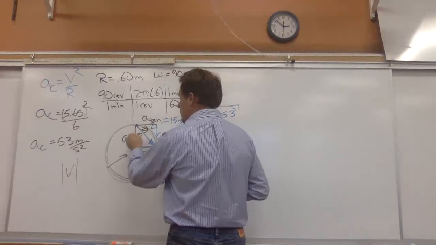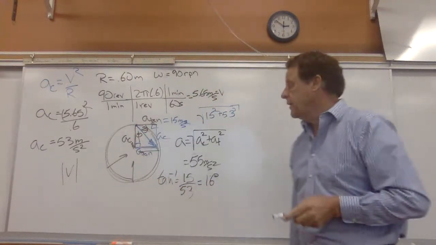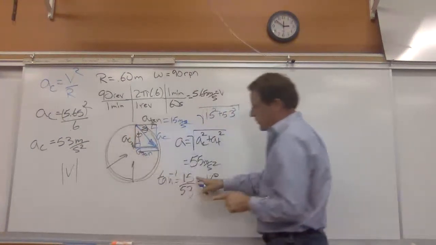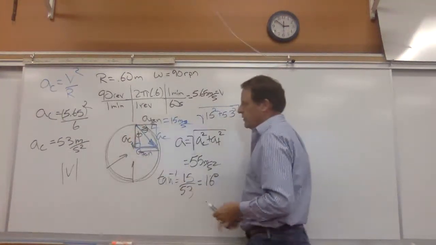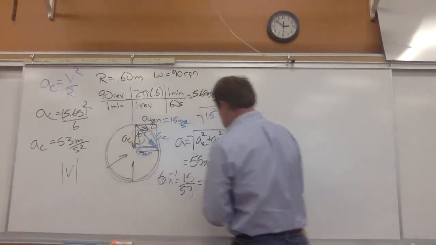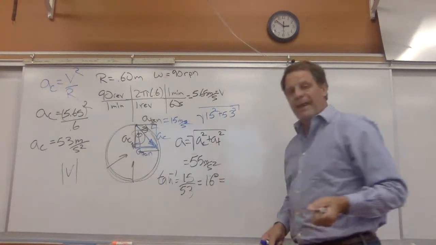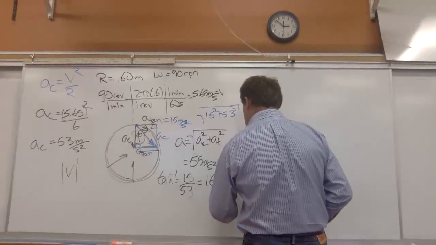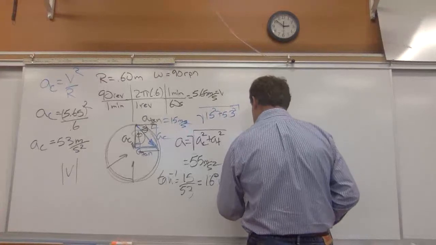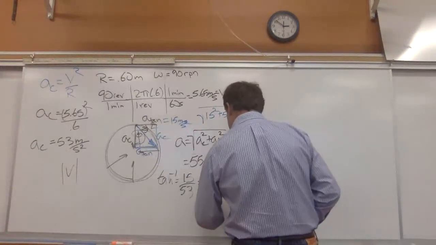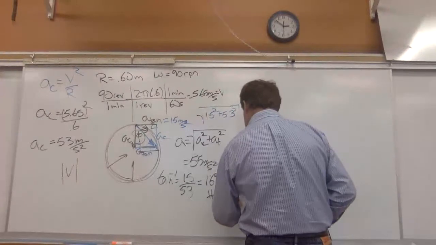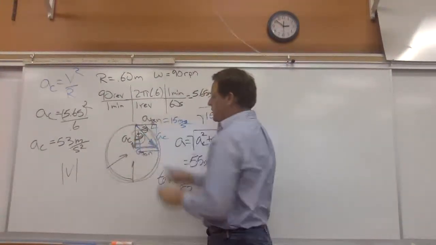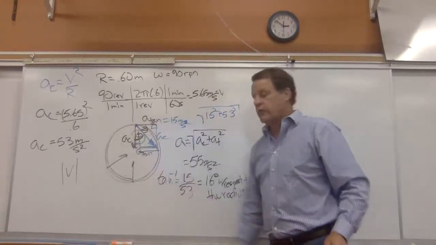Well, now, is that 16 degrees this angle or is it that angle? We can see that if it's this angle, our opposite was the 15 and our adjacent was the 53. So this angle right here, 16 degrees, that is with respect to what? We could say with respect to the radius, which would tell us that that angle is measured going towards the center.